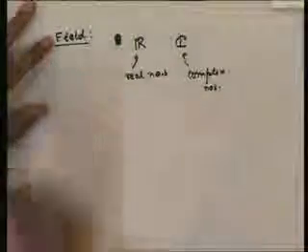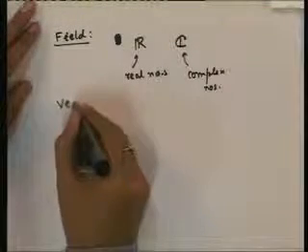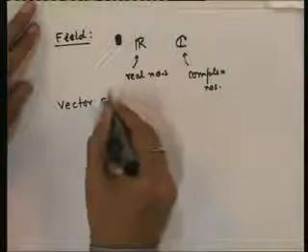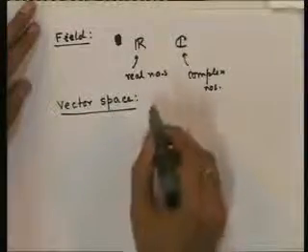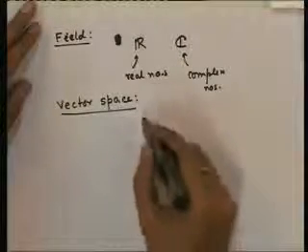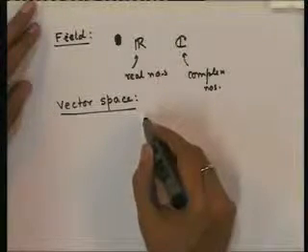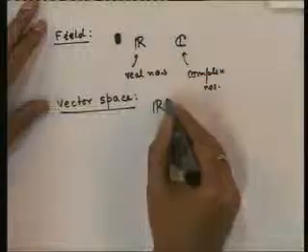Okay, so then we will need vector spaces. A vector space over R is again another set such that it satisfies certain conditions. It is a set with an operation, and the operation is basically the addition of vectors. For example, R^n.